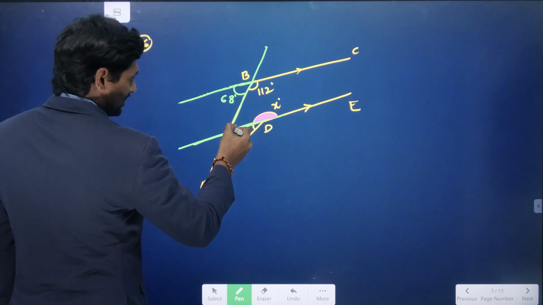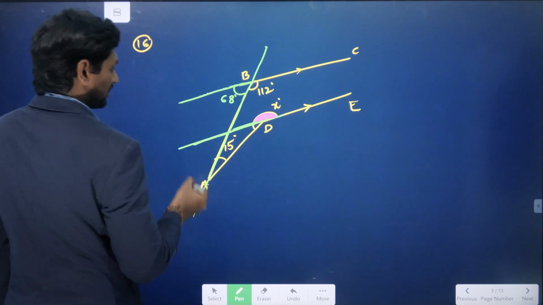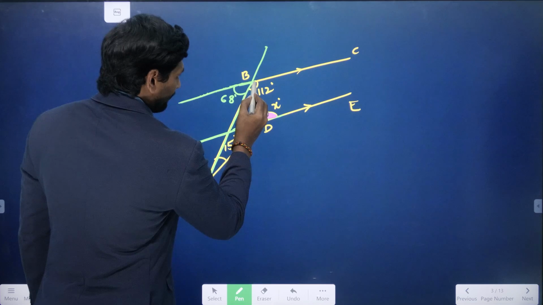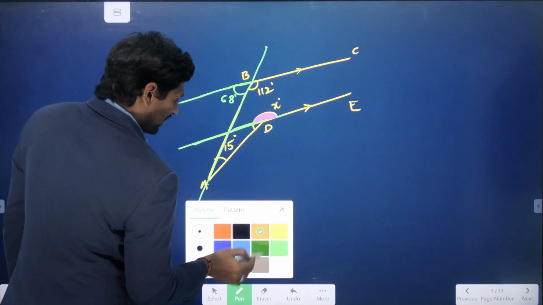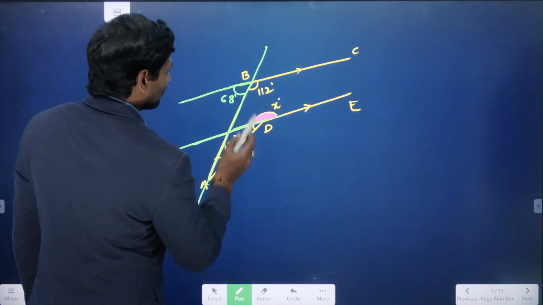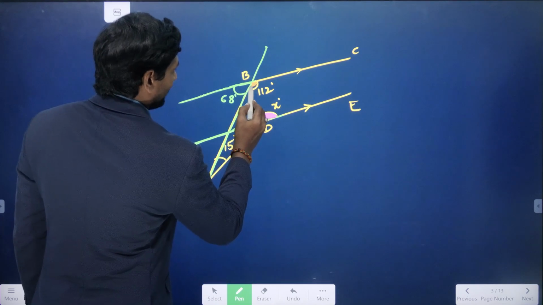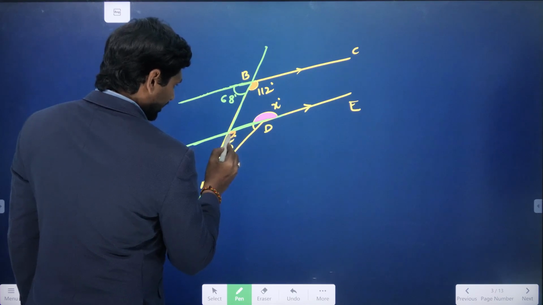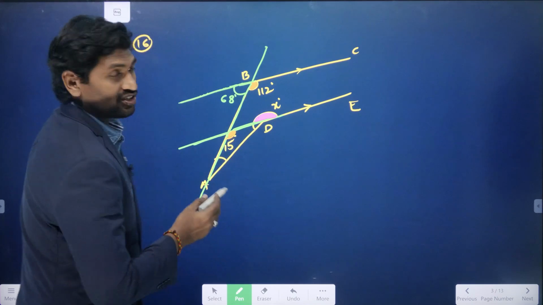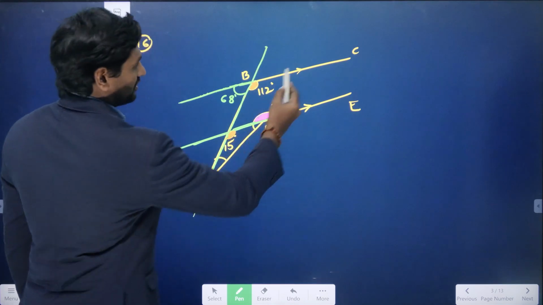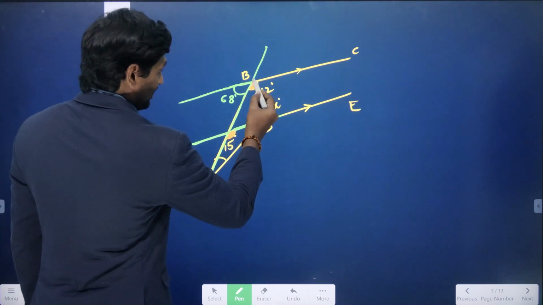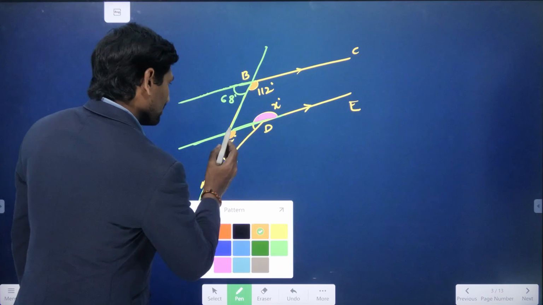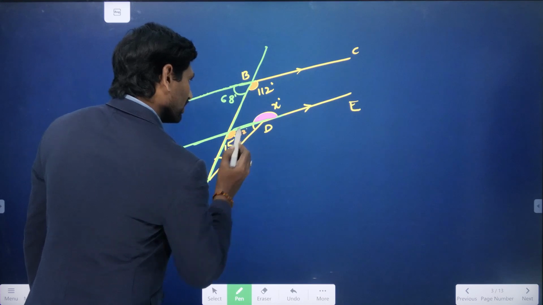Now in this figure, while you are observing, this one is 112 degrees and this one also 112 degrees, because if you take this as a transversal, these two are parallel lines, and these are in the same position, nothing but corresponding angles. So that means this one is 112.